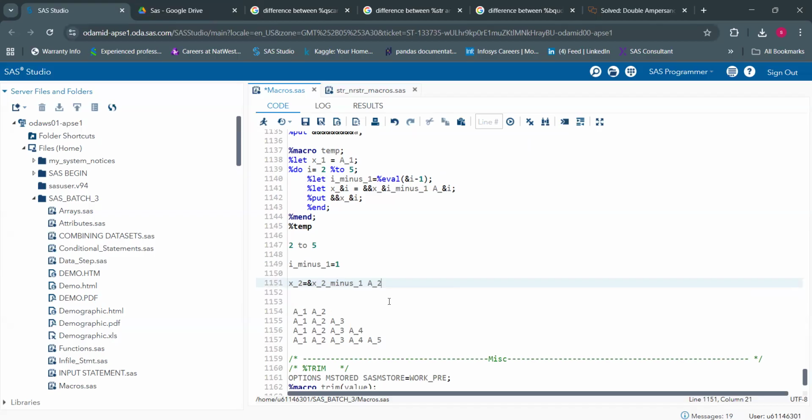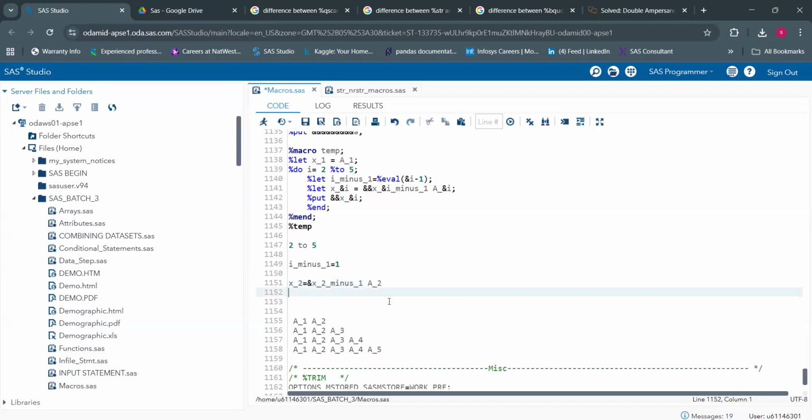And again, what is &? Here &i equal to 5, i minus 1. So x equal to x_2, &&x_&i.